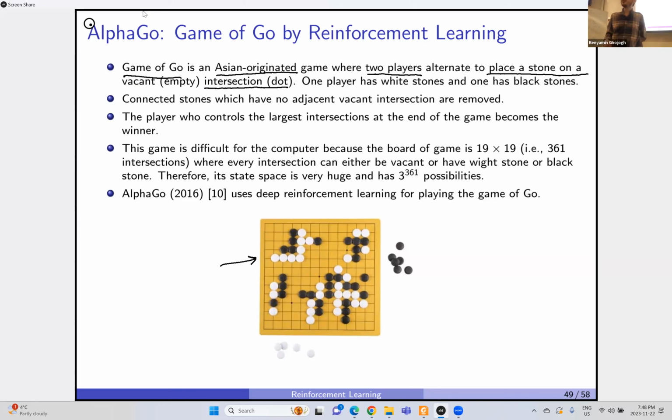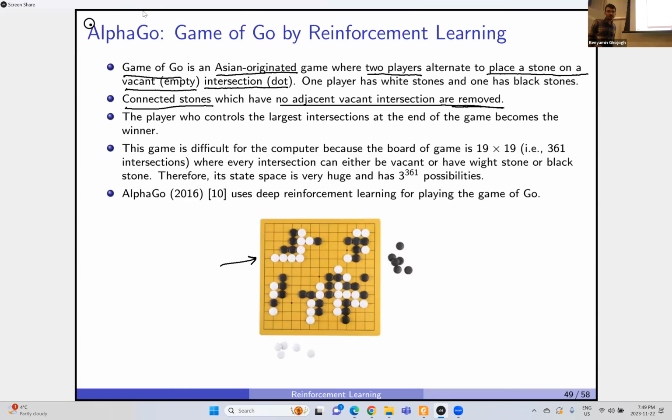And you have 2 players. One player has white stones and one player has black stones, and they're all the same shape. The players can put stones on the vacant or empty intersections. Then connected stones which have no adjacent vacant intersection are removed.